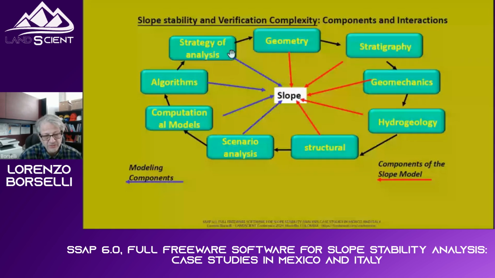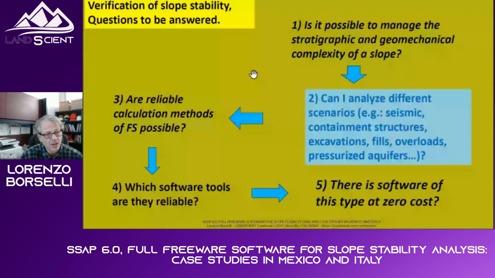our objective, our purpose, is to evaluate the hazard assessment of slope stability. So we have some possible questions to be answered. For example, how to manage this kind of complexity, and the possibility of analyzing different kinds of scenarios.